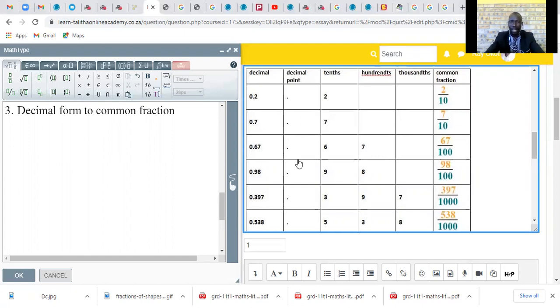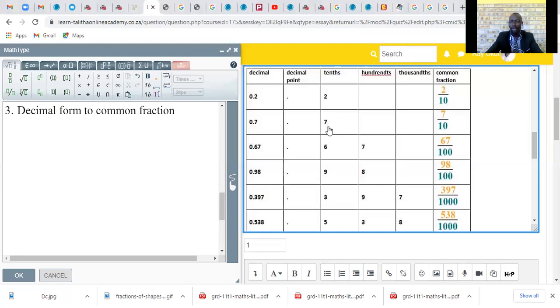Then notice that the first number after the decimal point is called a tenth. A tenth means 1 out of 10 of it. So after the decimal point, the first number is called a tenth. So for 0.2, we have a 2.